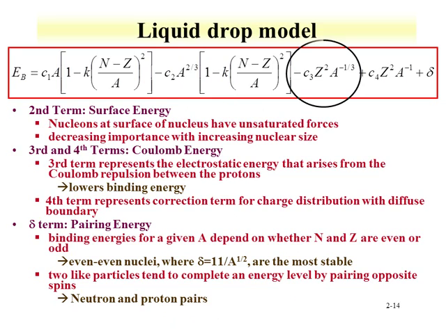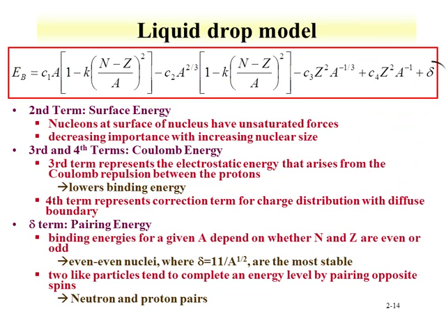Our third and fourth terms are Coulomb energy terms, and these represent electrostatic energies that arise from Coulomb repulsions between the protons. So the more protons I have in the nucleus, the more they're going to try to repel each other. So this decreases the binding energy, while the fourth term is a correction term for the distribution within certain boundaries, and that adds a little bit to the binding energy.